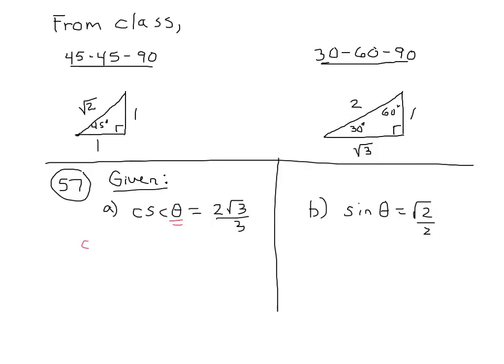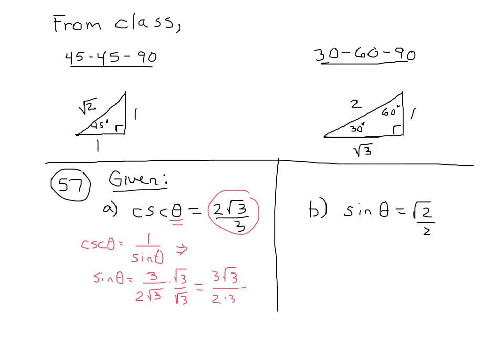I know cosecant of theta is 1 over sine of theta, which means reciprocal of. So that implies that the sine of theta is the reciprocal of this, so it's 3 over 2 radical 3. I'm going to rationalize, since I can't reduce it. I'd have 3 radical 3 over 2 times 3, or 6.